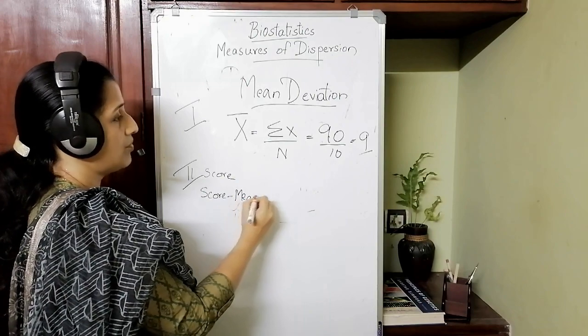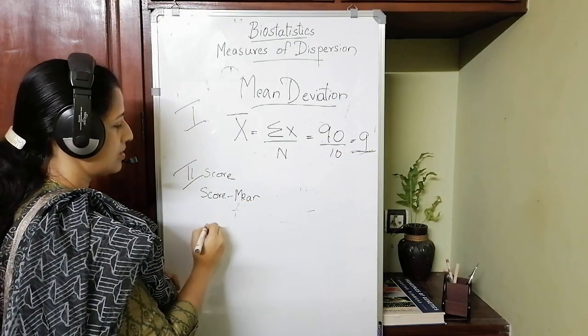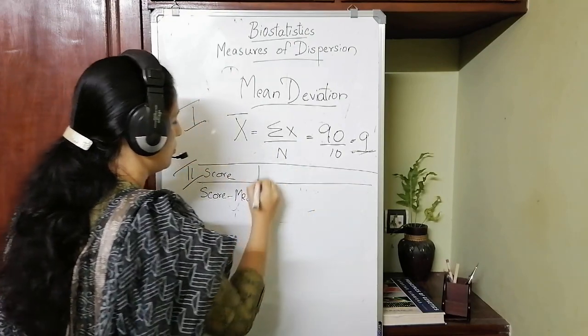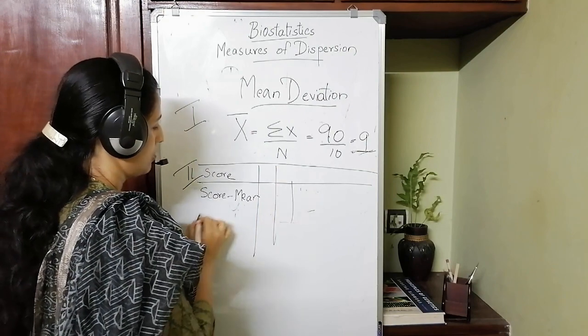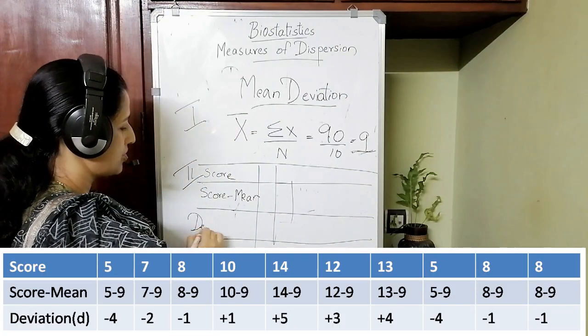Mean we have already calculated, it is 9. Then in the third column, you have to write the deviation.